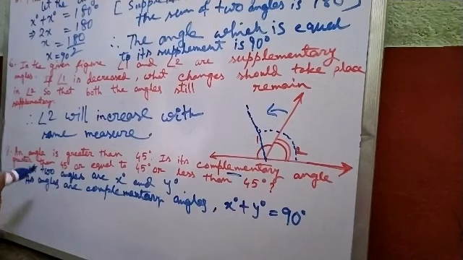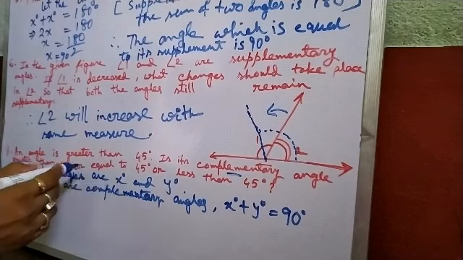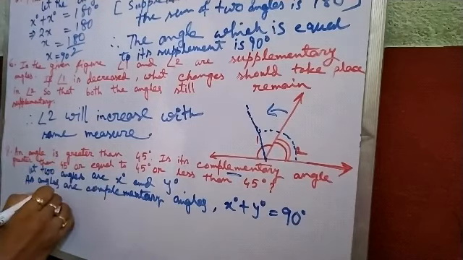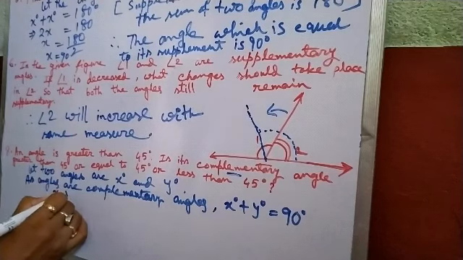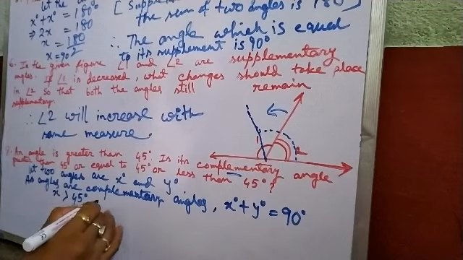Now here what is given? An angle is greater than 45 degrees. That means an angle, I am taking here x, then x is greater than 45 degrees. That is given.